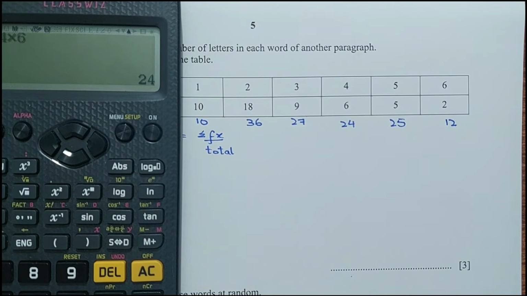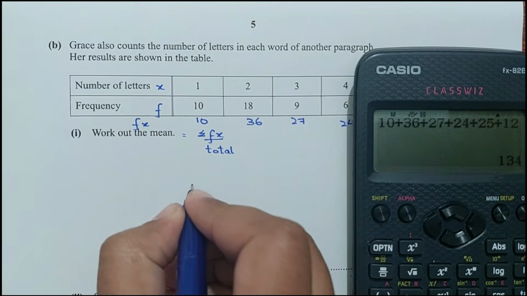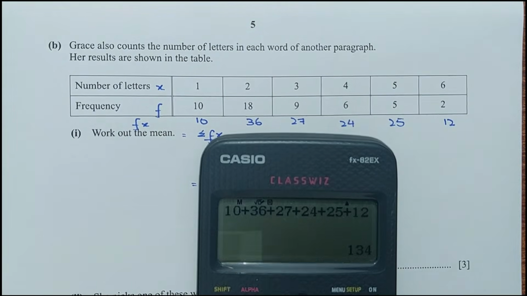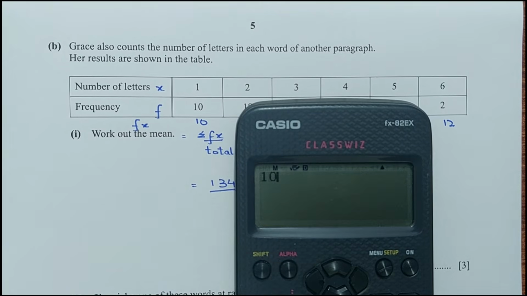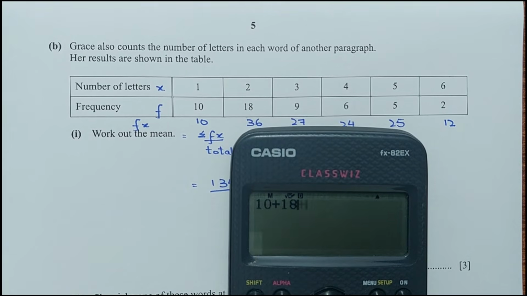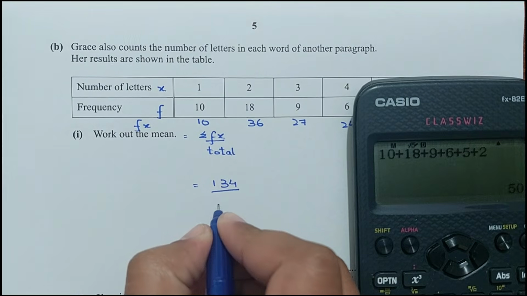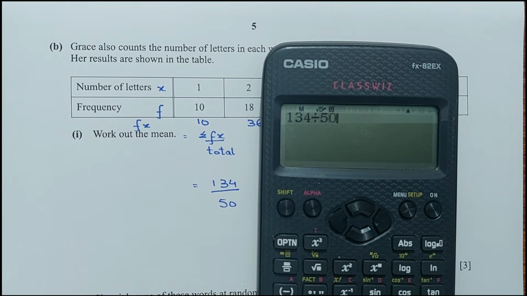Now sum of fx should be 10 plus 36 plus 27 plus 24 plus 25 plus 12 is 134. 134 divided by the total frequency, which is 10 plus 18 plus 9 plus 6 plus 5 plus 2, is 50. 134 divided by 50 is 2.68.